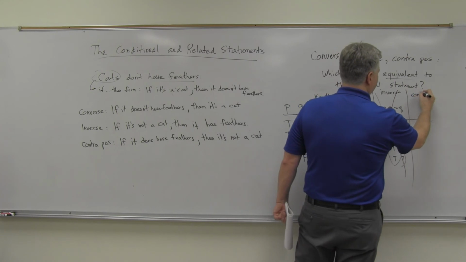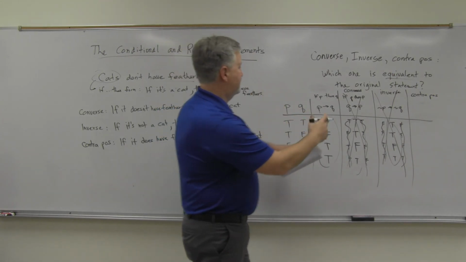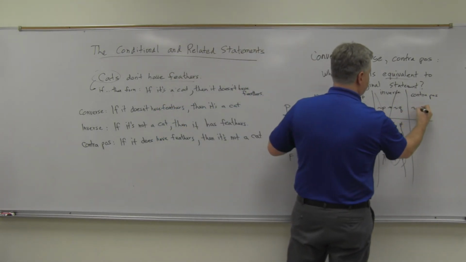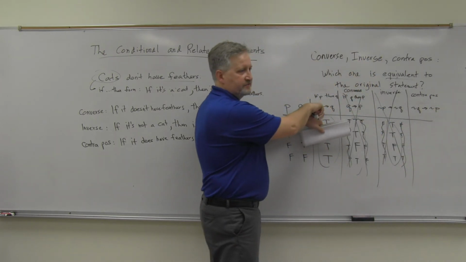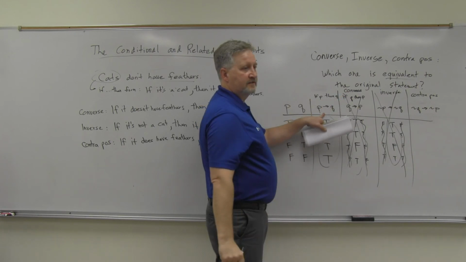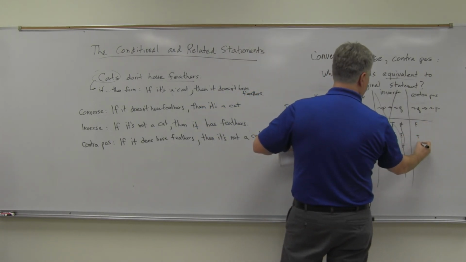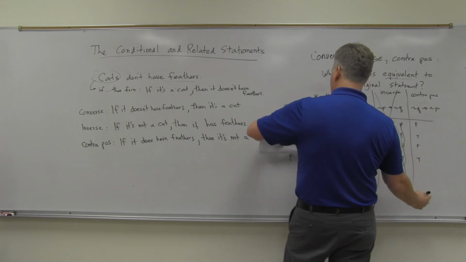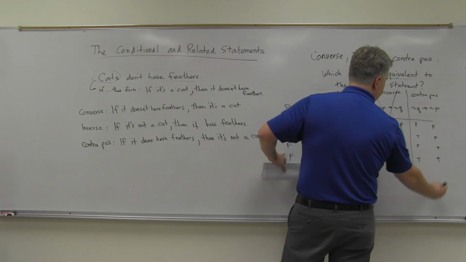So that leaves, last but not least, the contrapositive. I've already said one of them's the same, so that better be it, right? So the contrapositive flips and negates, so it'd be not Q arrow not P, right? Flip and negate, we're going back to this one. So flip and negate that. All right, so not Q, I've got false, true, false, true, and not P, false, false, true, true.